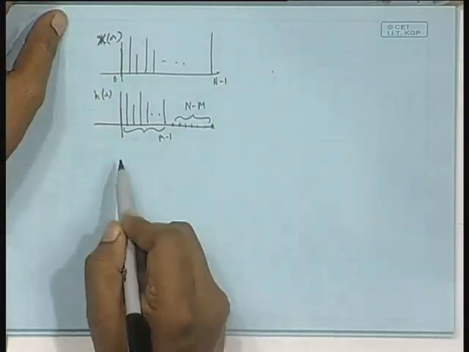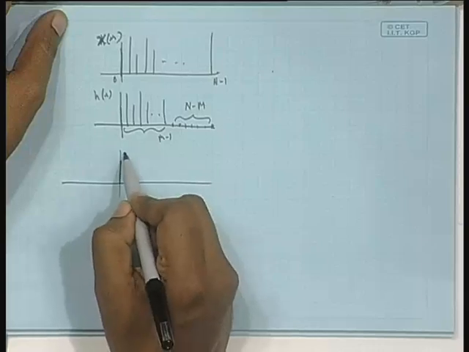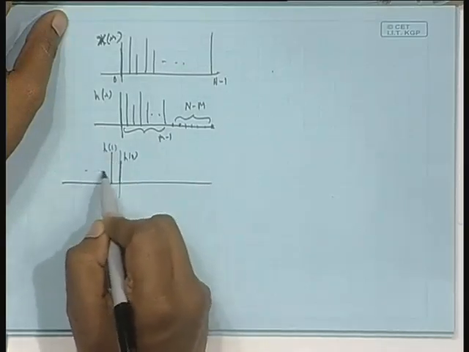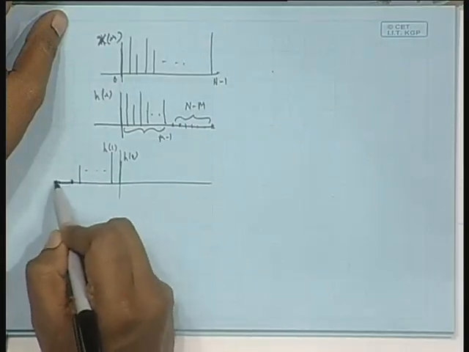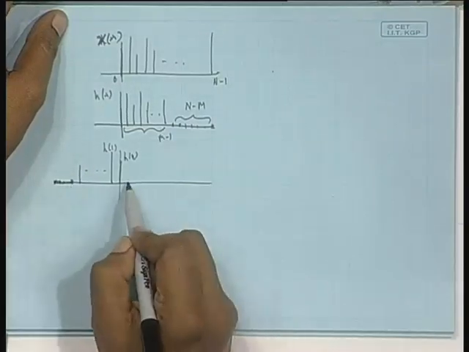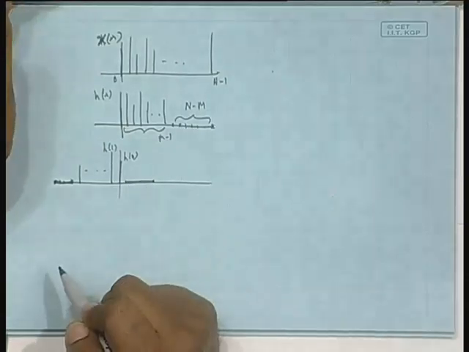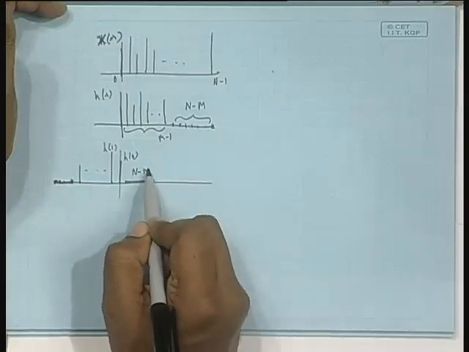So, if I do that, H 0 and then zeros, this is 0 pad here, is it not? That means here is a 0 pad. 0 pad of how long? N minus m.